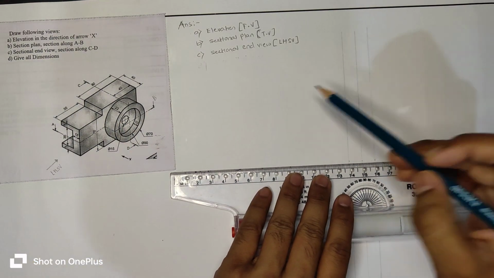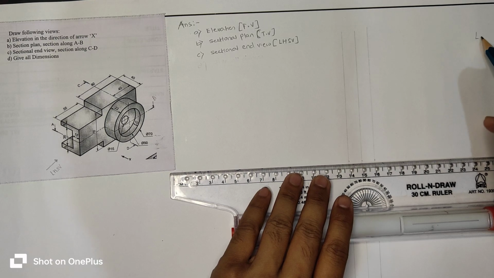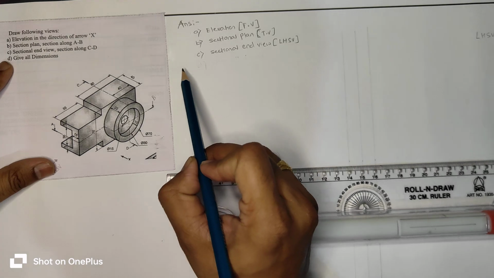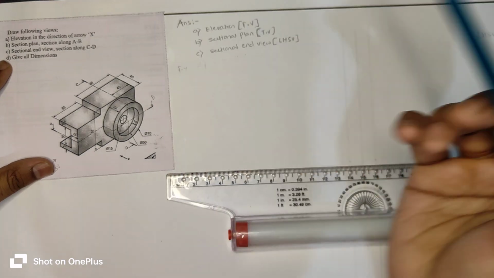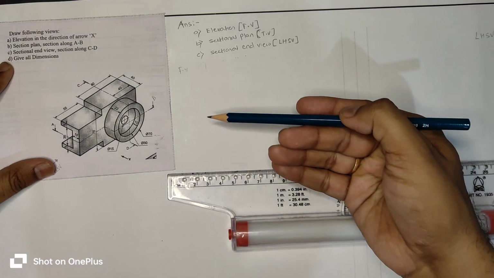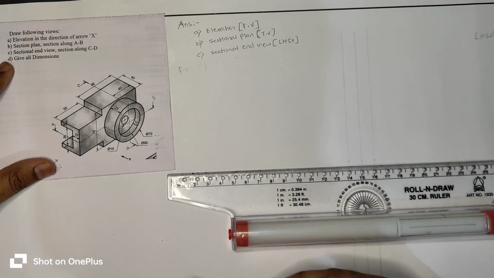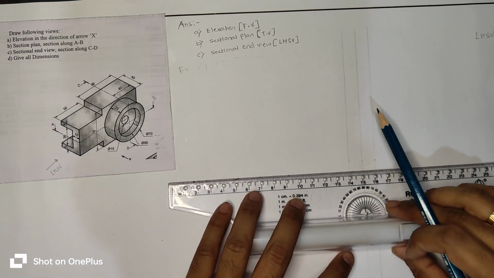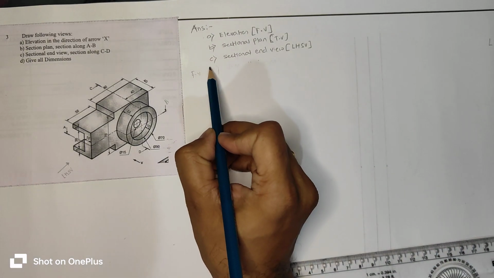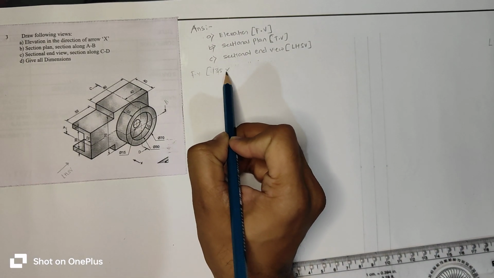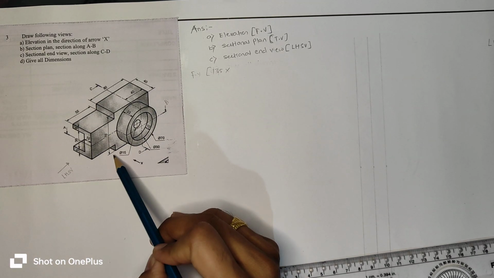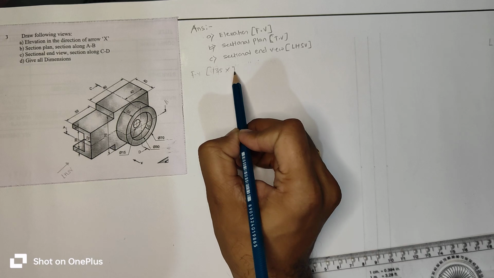Then for sectional side view, this distance is 40 plus 22, that is 62. Now sectional side view, LHSV is on the right side, right? If in the question LHSV is asked, then we will draw front view on the left side, and on the right side we will draw left hand side view, that is LHSV. Then top view we will draw on the bottom of front view. So for front view we require 135 mm length by height of this object, 76 mm.